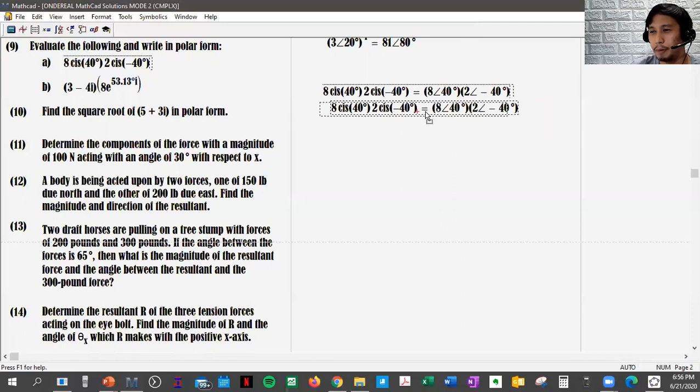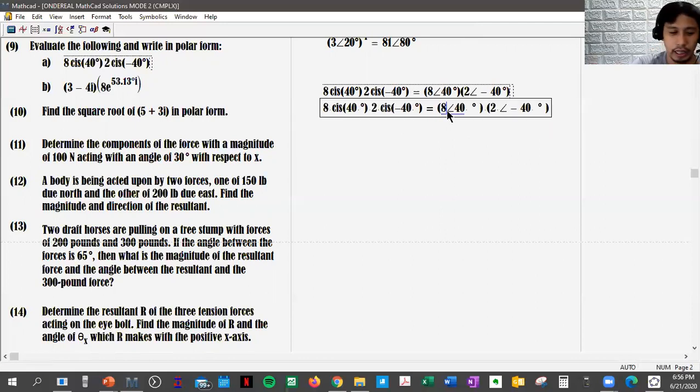Di ba, ma-multiply natin yung 8 and 2, that will become 16, right? And yung angle naman, add natin yung angle. So, this should become 40 plus negative 40 degrees. Ma-cancel siya, right?